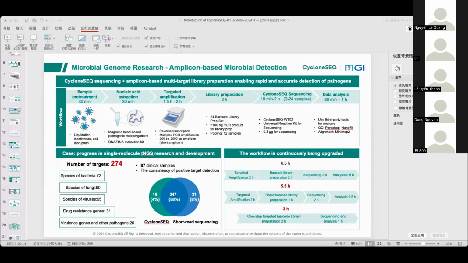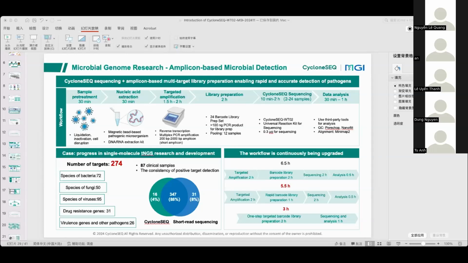Yeah, we currently have our own MGI DNA and RNA extraction kit, but we also recommend some third-party extraction kits, depending on the sample type. We will also include this information in our library preparation manual. So you can check the manual and get the information for the recommended extraction kits.